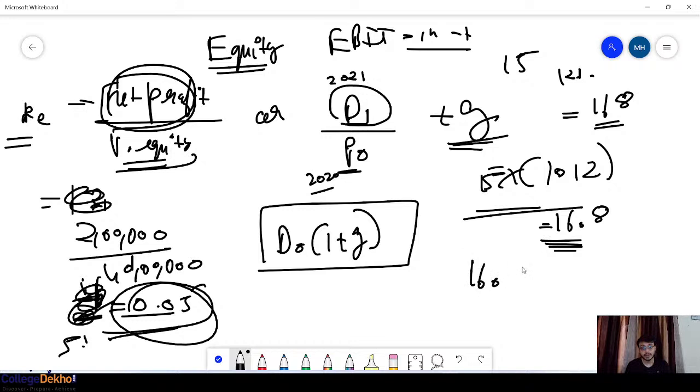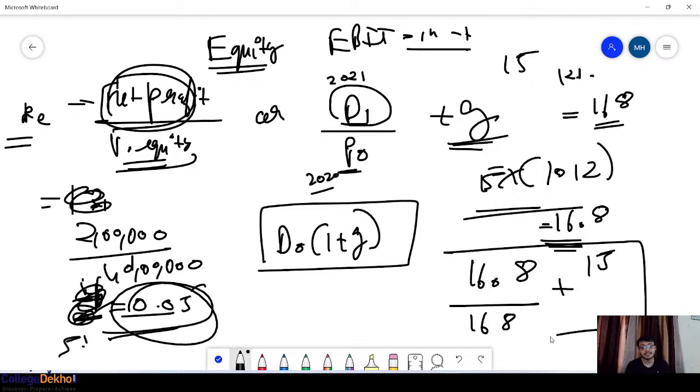You have 16.8, current share price is 168 plus your growth rate, and once you calculate this you will get your cost of equity. Okay. This is like one way.